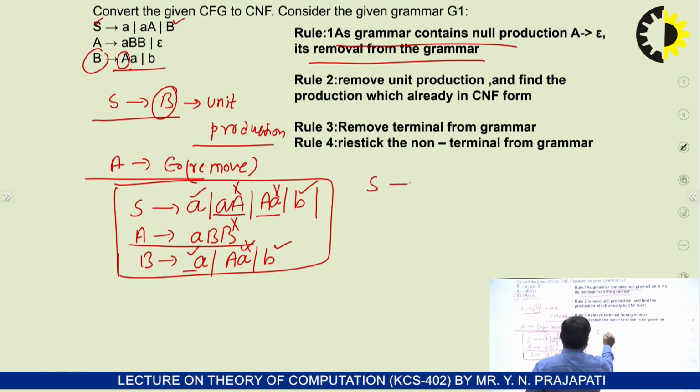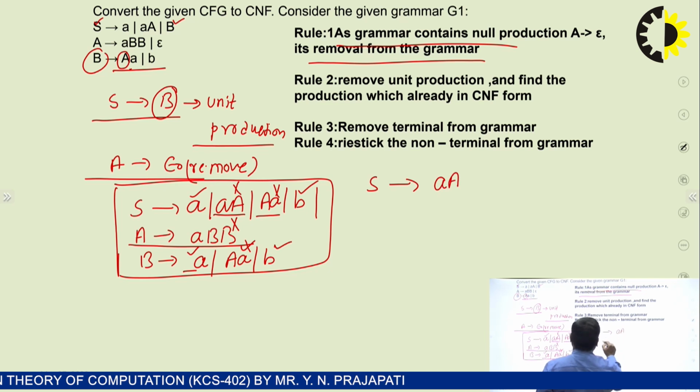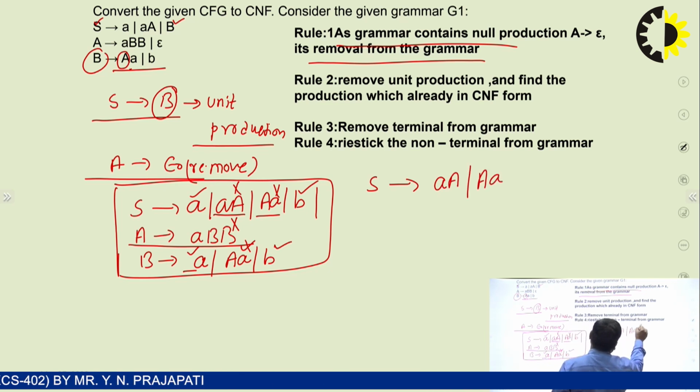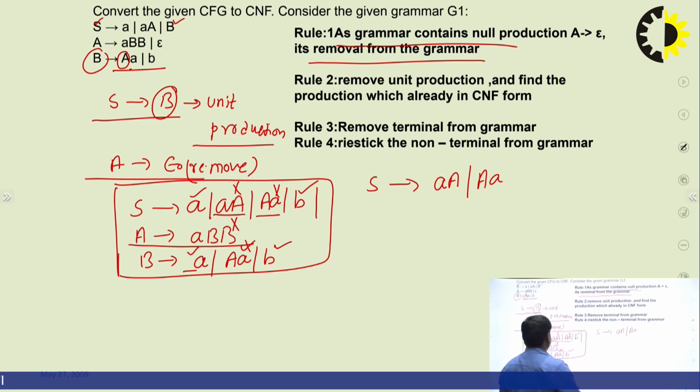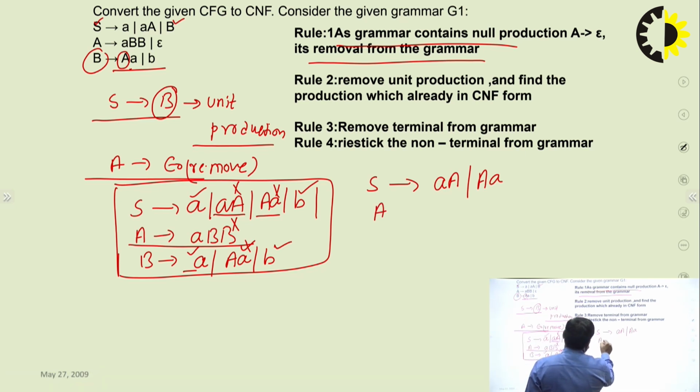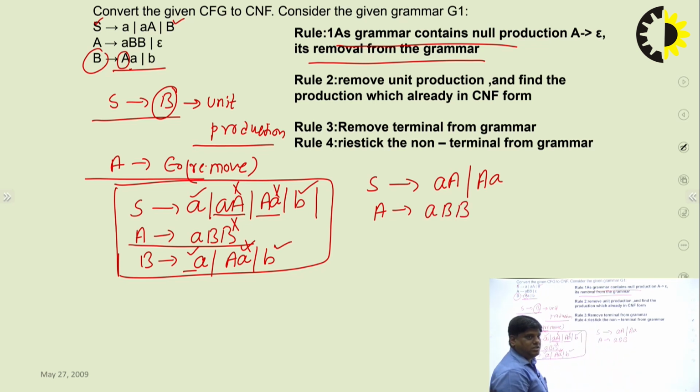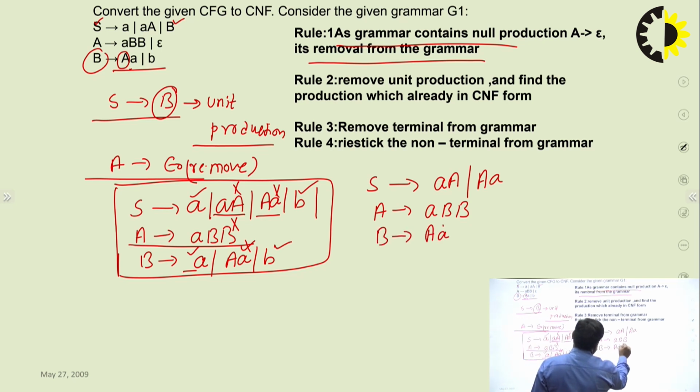So S tends to AA and AA, these two productions are not in CNF form, and A tends to A capital B and capital B is also not in CNF form, and B production to A. These four productions are not in CNF form. What is the first rule? Remove the terminal from the right side where it occurs together with a non-terminal. It means we remove this, this, this and this.